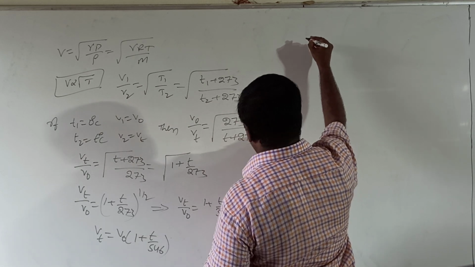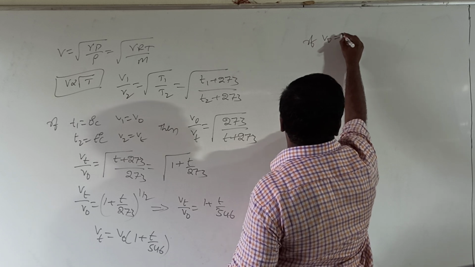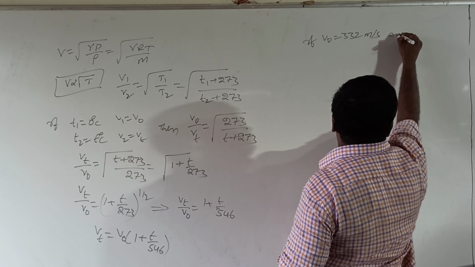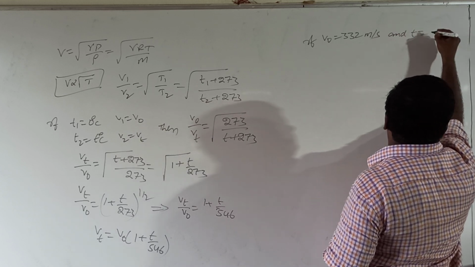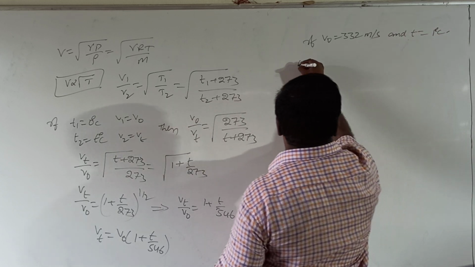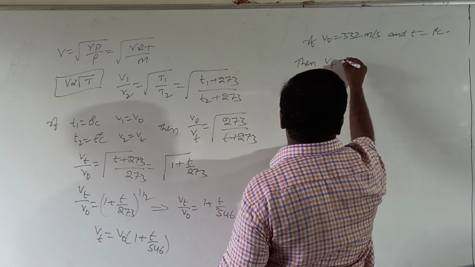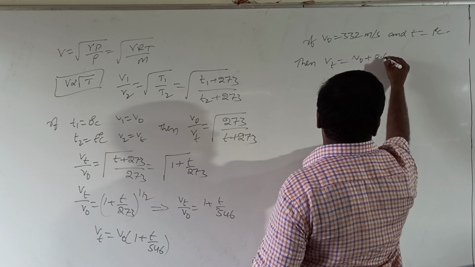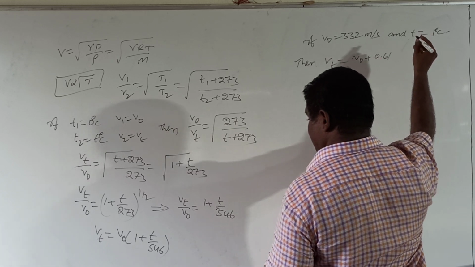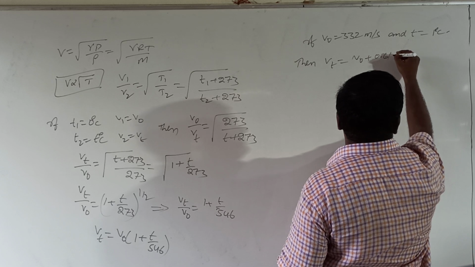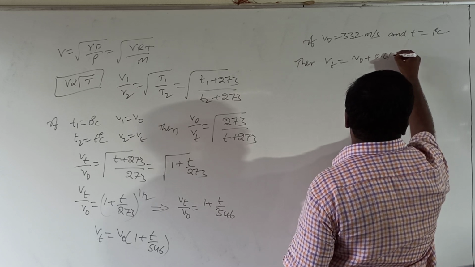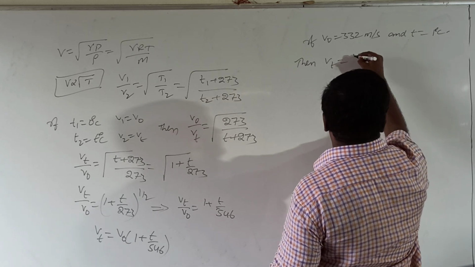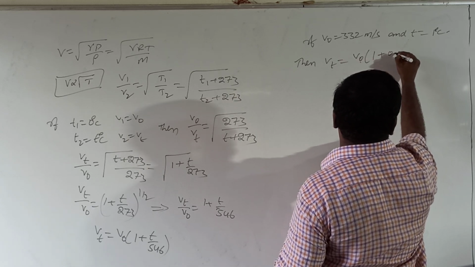From this equation, if V0 equal to 332 meters per second and t equal to 1 degree centigrade, then Vt equal to V0 into 1 plus 0.61 t.